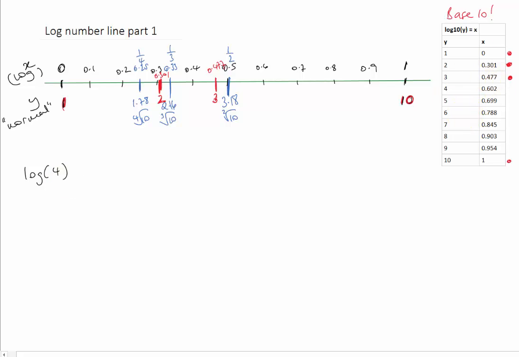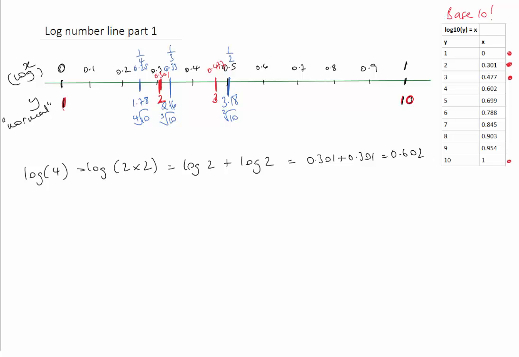The log of 4 is equal to the logarithm of 2 times 2, which is the same as the log of 2 plus the log of 2, and so that's 0.301 plus 0.301, or 0.602. So we can add that onto our table here, 0.602, that's here.